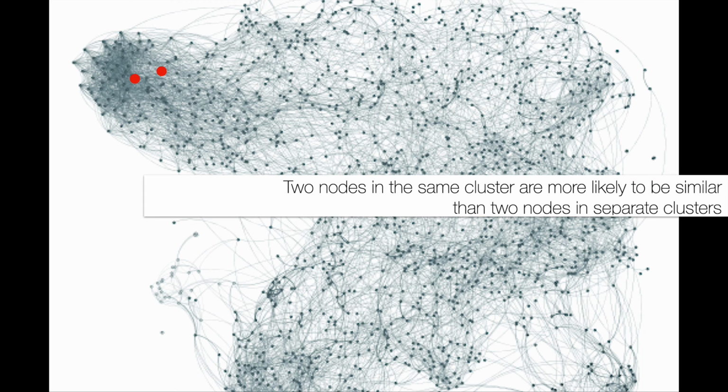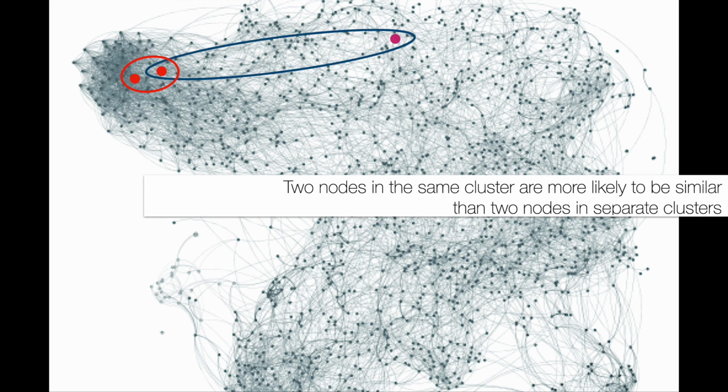And we would expect this with SimRank: if we took these two nodes in the same cluster, they're likely to have very similar SimRank values. You can imagine this graphically: regardless of whether you click the left node or the right node, you're likely to stay somewhere in that neighborhood.